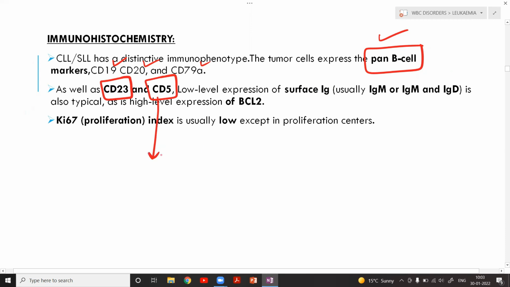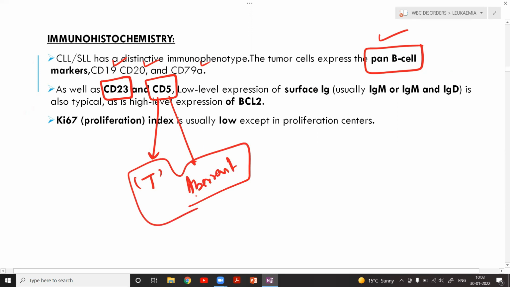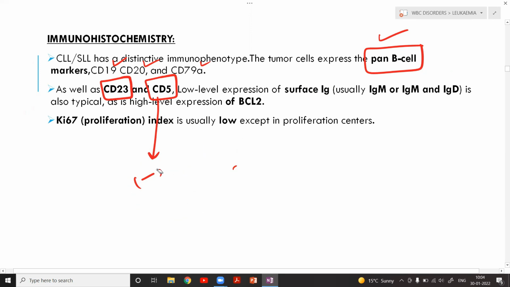Now you will ask me, sir, CD5 is a marker of T cell, then how are you saying this is a B cell neoplasm? This CD5 expression is aberrant. It is not the correct expression, that is why it is a neoplasm. So remember, CD5 expression along with CD23 expression is classical of CLL SLL.